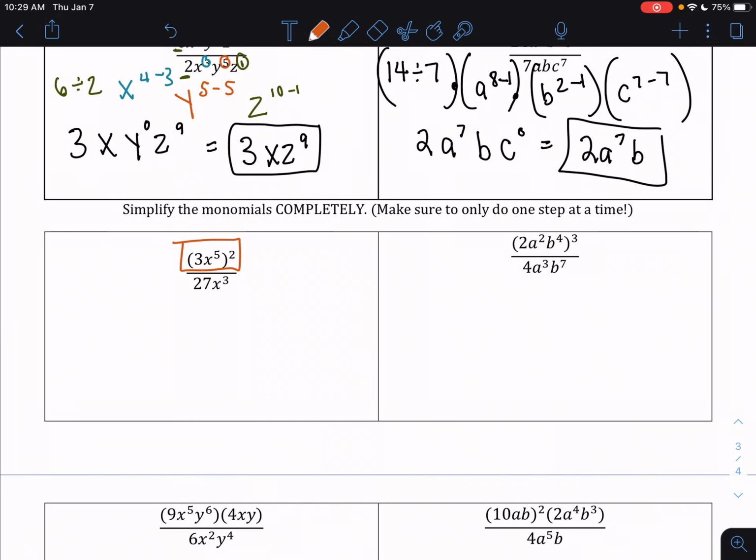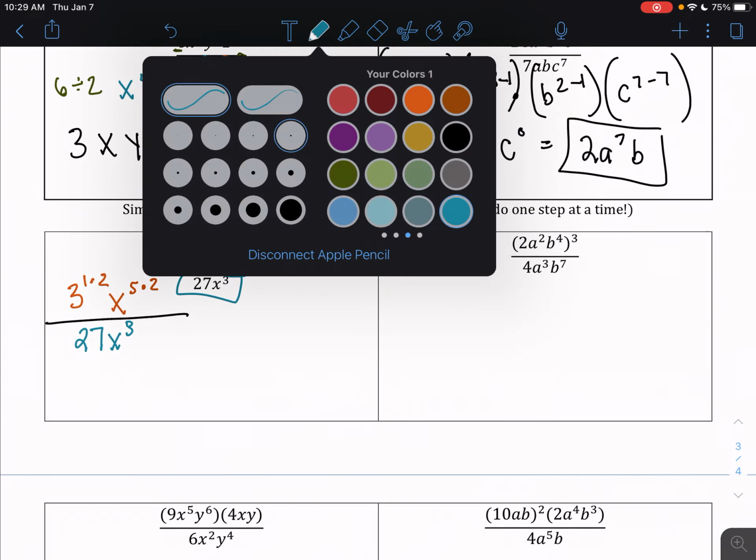So we're going to use that here, and we're going to have 3 to the 1 times 2 times x to the 5 times 2. Good, now let's go on to the bottom. There's nothing to do here, so I'm just going to write it out. And now let's go on to our next step and simplify more.